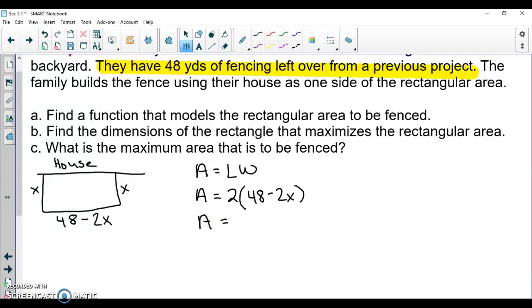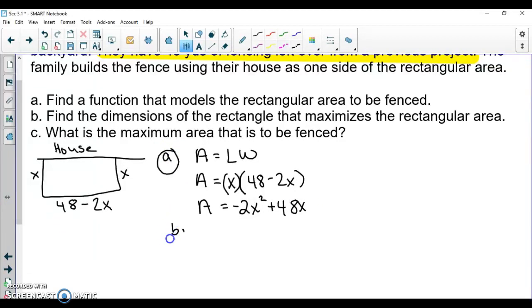Area equals negative 2x squared plus 48x. So we get negative 2x squared plus 48x. So this is answering question A.